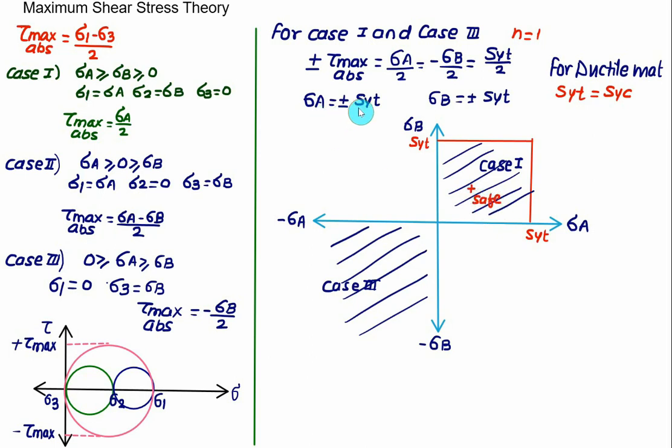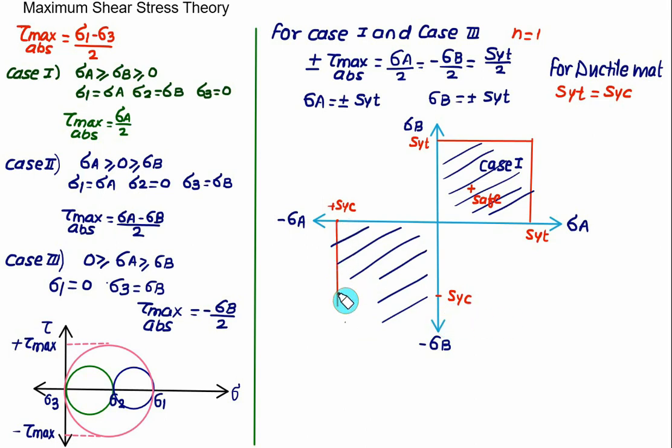Whereas one value of sigma A is minus SYT and the second value of sigma B is equal to minus SYT. Now for this region you have to show the value of minus SYT. So I have to mark here minus SYT, that is same as equal to SYC, and somewhere I have to mark here SYC.